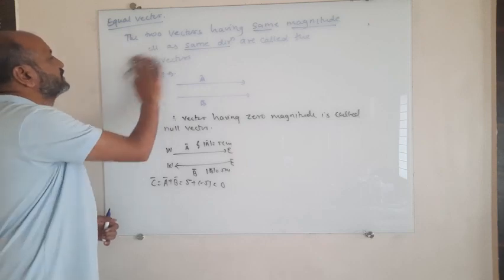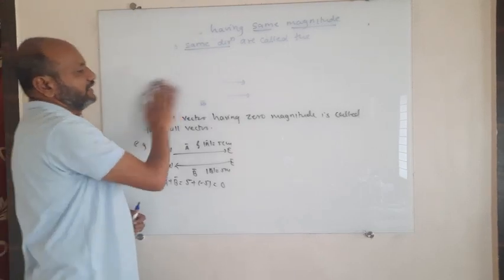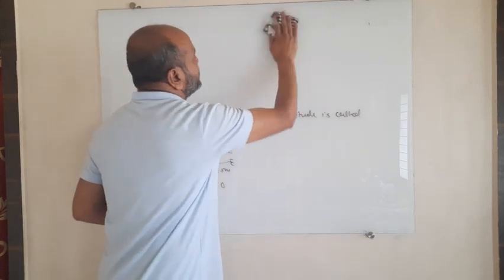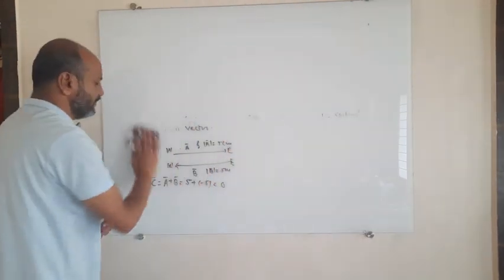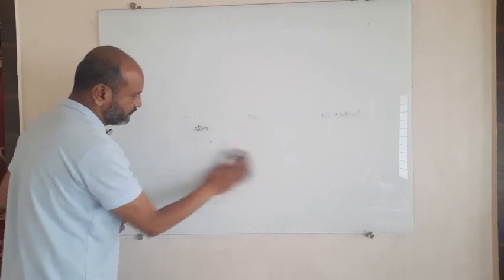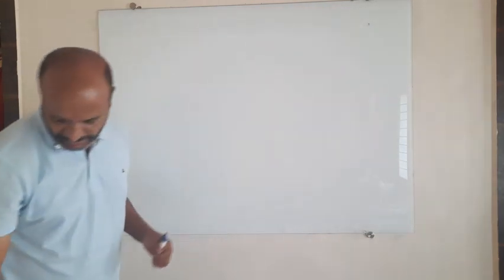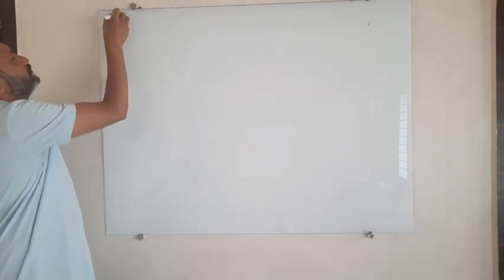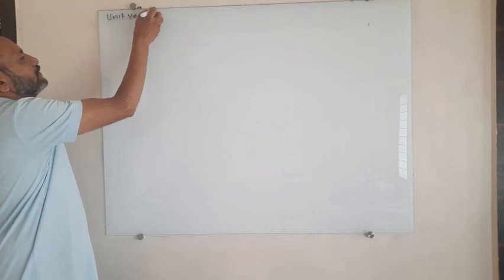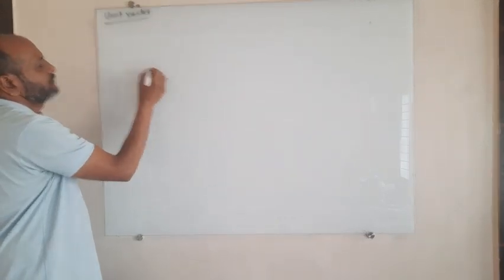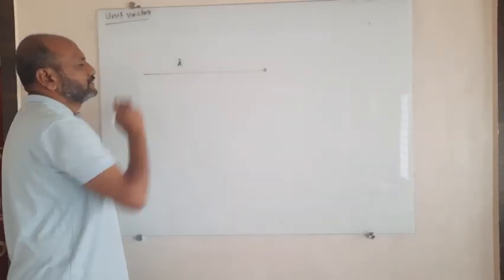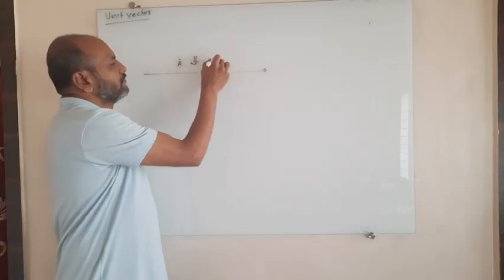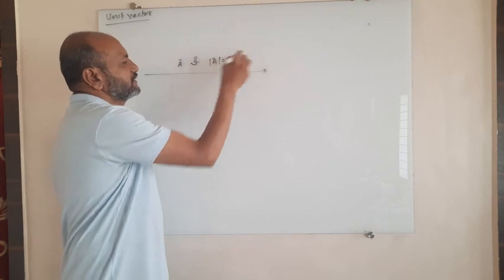The next important definition is the unit vector. Consider we have a vector A bar, and its magnitude mod of A bar is equal to 10 centimeter.